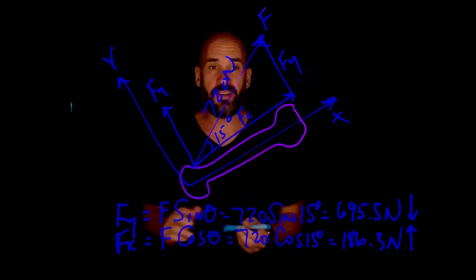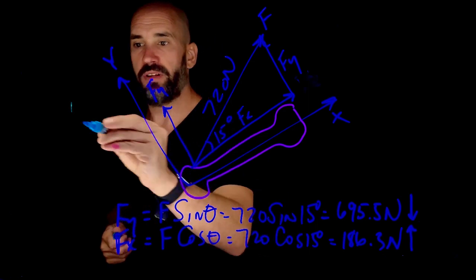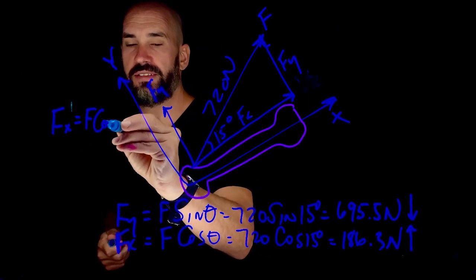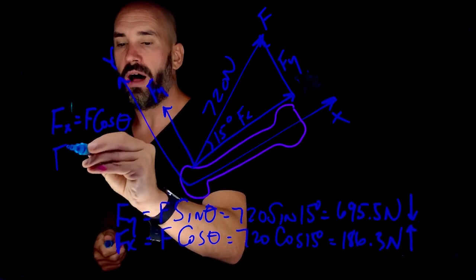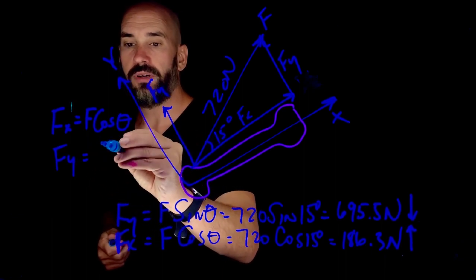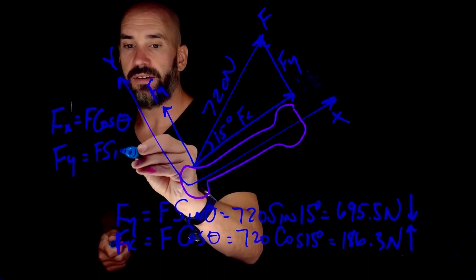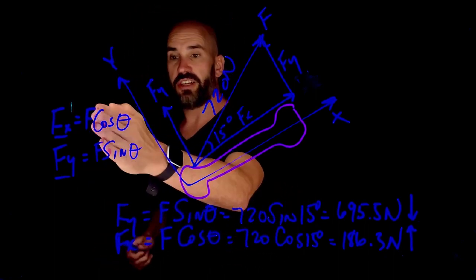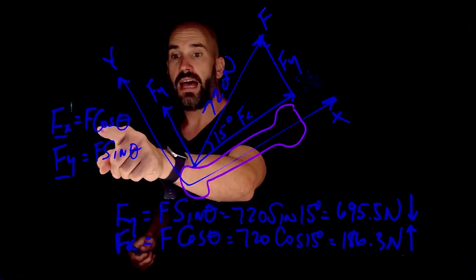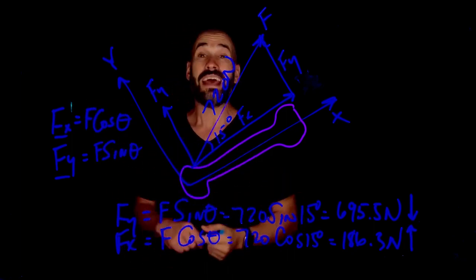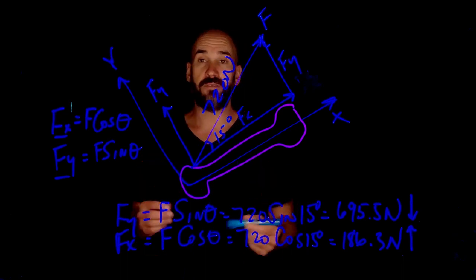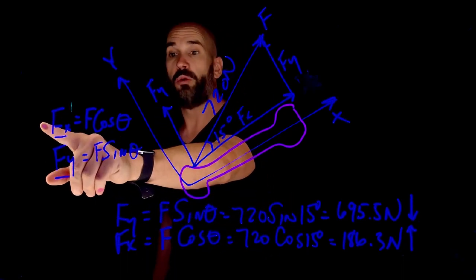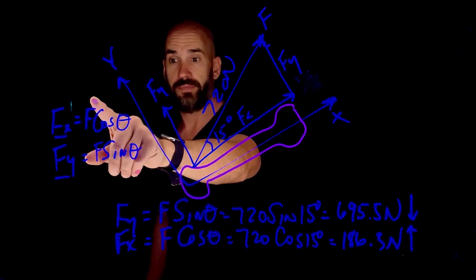What are the components of a vector? Well, we just talked about it. The components are Fx is equal to F cosine theta, and Fy is equal to F sine theta, right? These are the two components. And so you see that it's just the magnitude of the vector times a cosine or a sine function. And you guys know that cosine and sine functions only go from 0 to 1, right? So that means Fx can only be between 0 and F, okay?